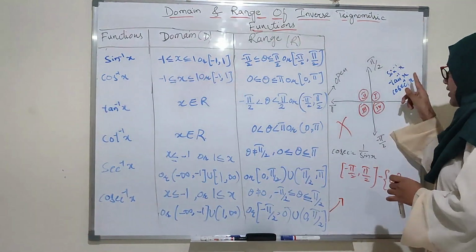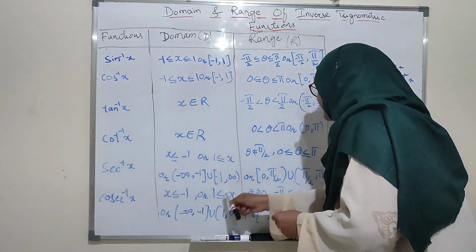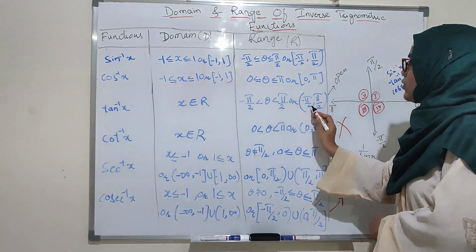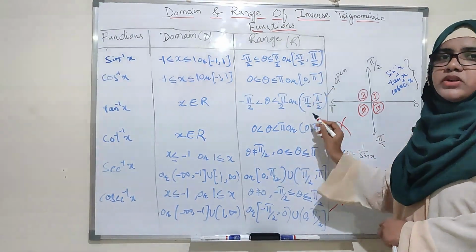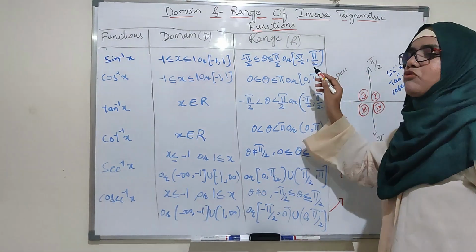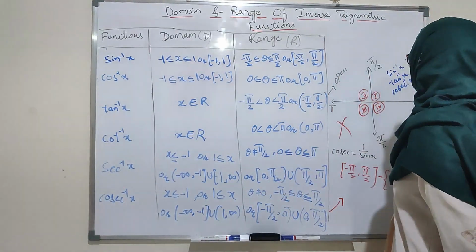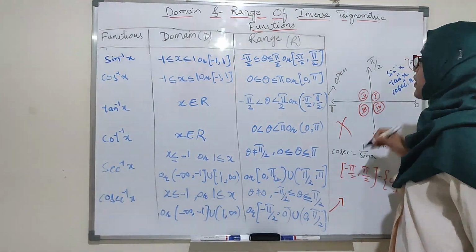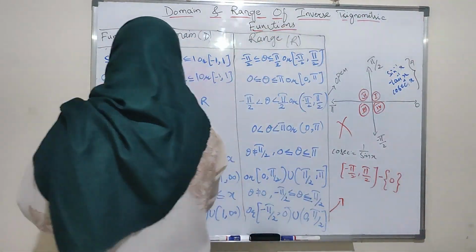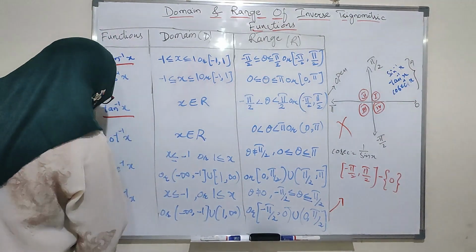Remember one point: these always lie together because we have pi by 2 values. All these three lie in between plus pi by 2 and minus pi by 2. That's why they are always together. Now what about the remaining? We have made a group of these three.